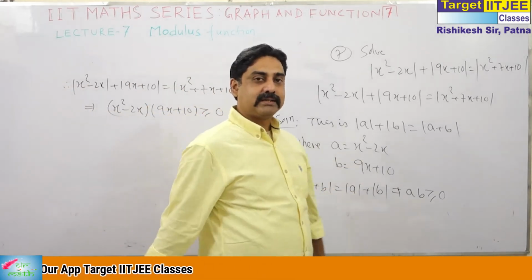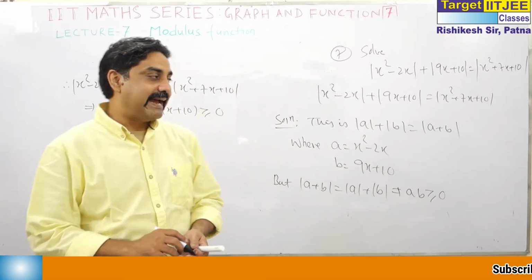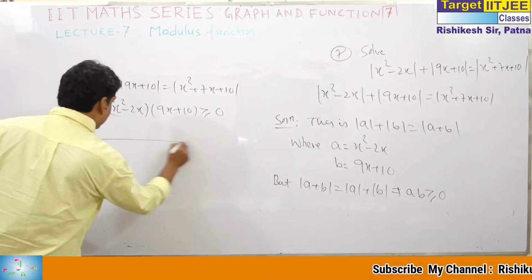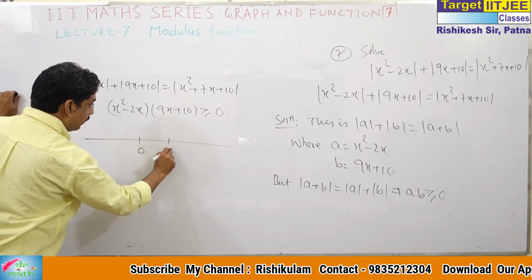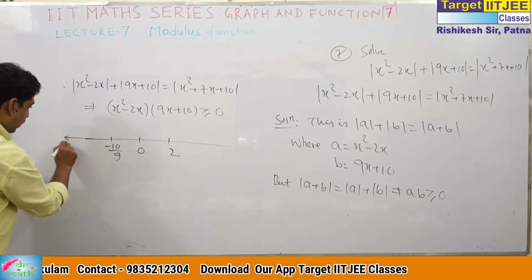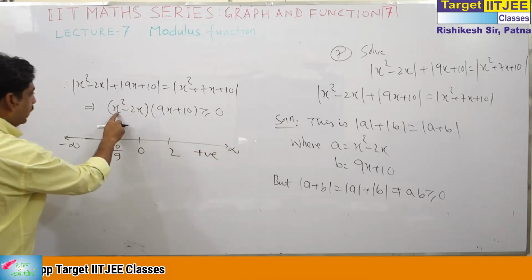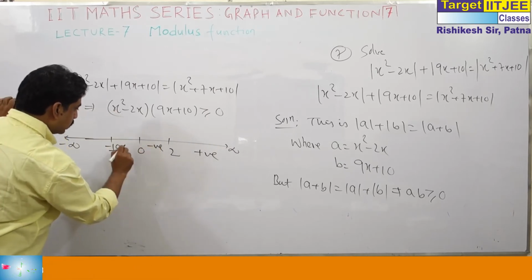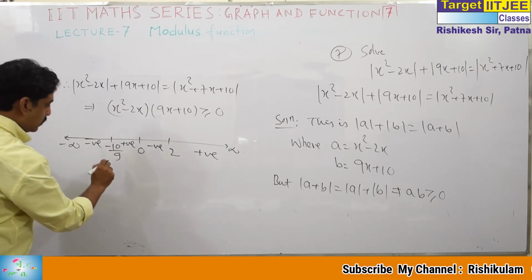And the rest is the sign scheme. How? Can you draw it? This will give you a root 0, this will give 2, and this will give minus 10 by 9. Minus infinity to infinity. Extreme right is positive, as the leading coefficient is positive. You can also use this. So what is the solution?